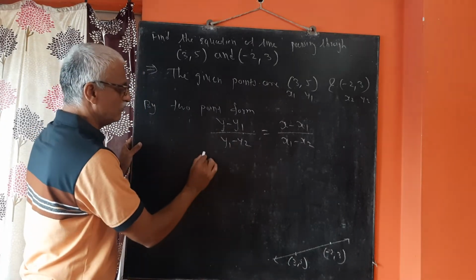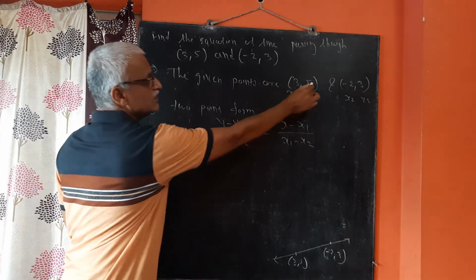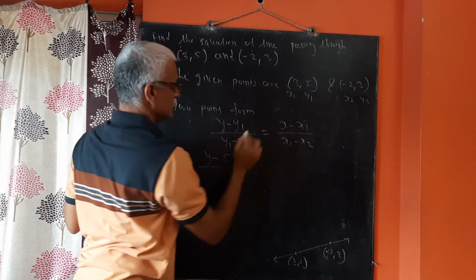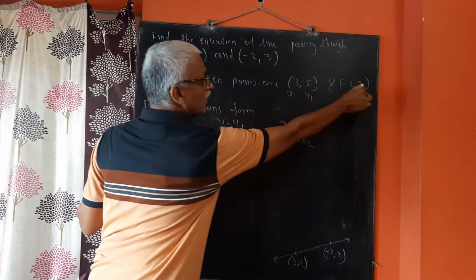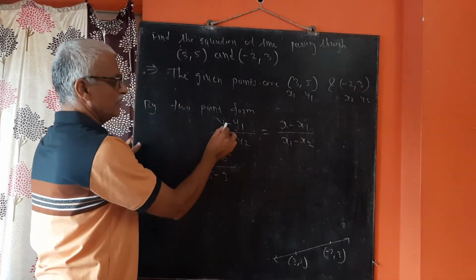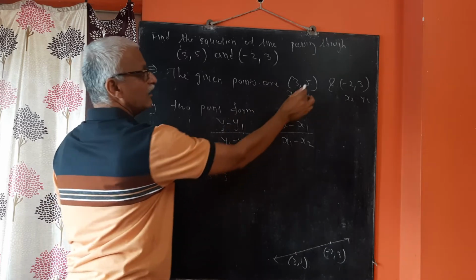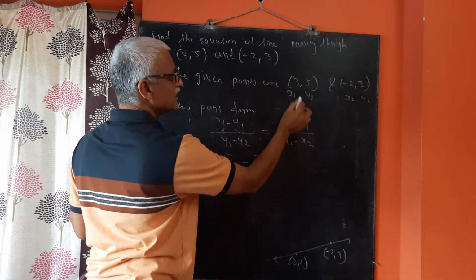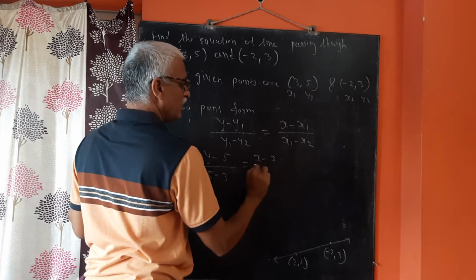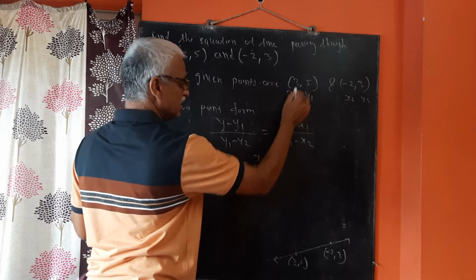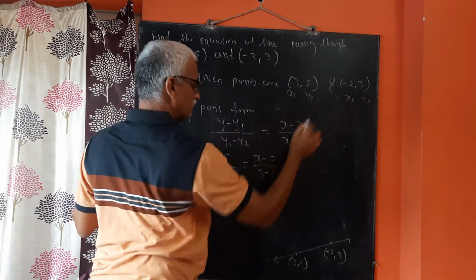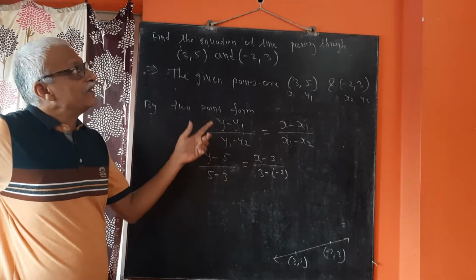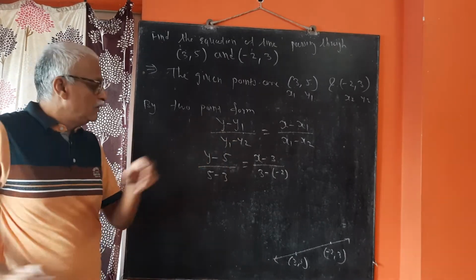Substituting the values, we get y − y1, where y1 is 5, divided by y1 − y2, so it is 5 − 3. Then y − 5 over y1 − y2 equals x − x1, that means x − 3, divided by x1 − x2, that is 3 − (−2). We have just substituted the values of x1, y1 and x2, y2.